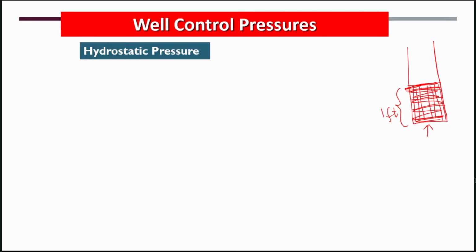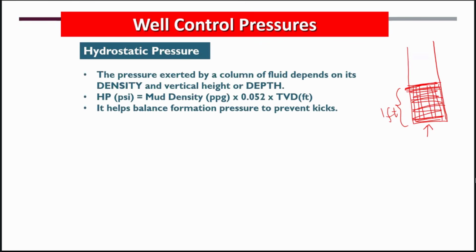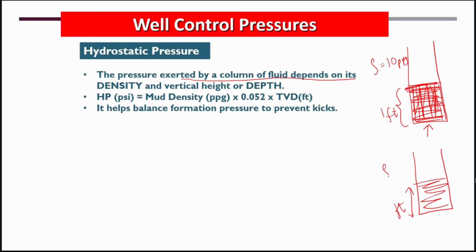Very simple definition. The pressure exerted by a column of fluid depends upon its density. So if I have two such beakers, one with a density of 10 ppg, same 1 foot height, and this one with a density of 8 ppg, where do you think it will have more hydrostatic pressure?